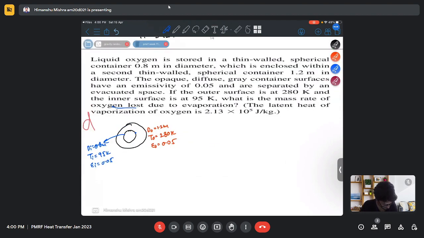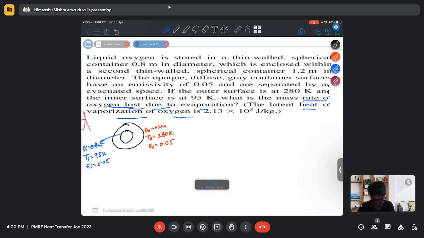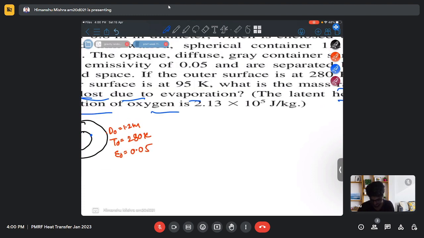mass rate of oxygen lost due to evaporation, and we have given the latent heat of vaporization of oxygen, which means there will be a heat transfer due to evaporation also, or the boiling, and which can be given by this relation.